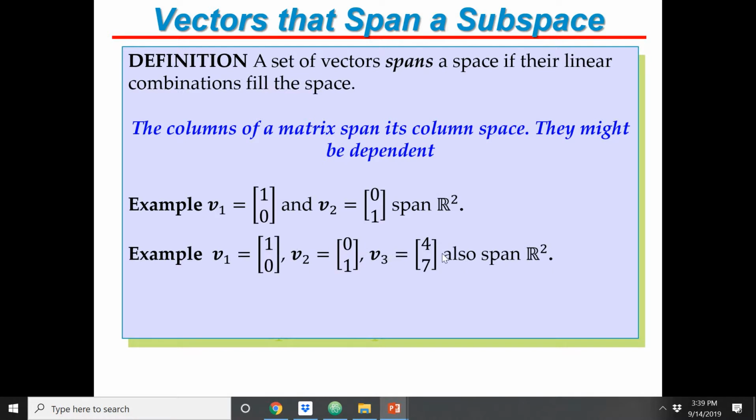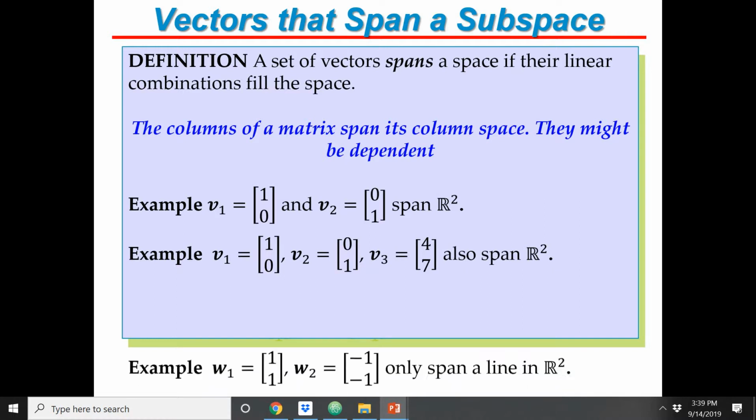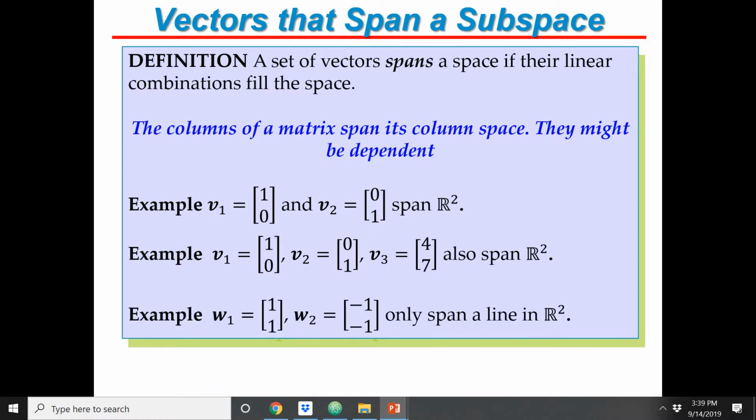The whole idea is if I take linear combinations of these vectors, I can generate everything in R2, and certainly because these 2 vectors are independent, that's sufficient to allow me, by linear combination of v1, v2, v3, to generate anything else. Now, if you take these 2 vectors, obviously they span a line, these 2 vectors are dependent, and they can only generate vectors that are on this line 1, 1. Okay, so they cannot span the whole of R2.